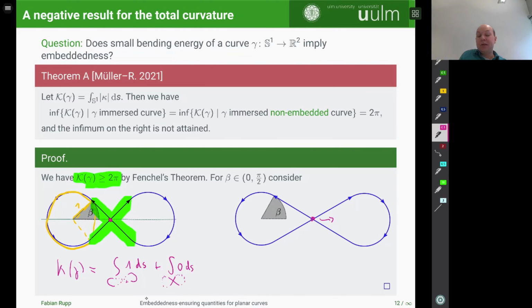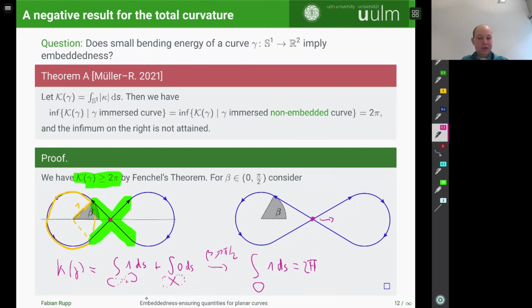And what happens now, as beta goes to pi over 2, is that those two circular regions will become perfect half circles. So in particular, as beta goes to pi over 2 from below, this will converge to the integral over one whole circle with curvature 1. So this will just be equal to 2 pi.